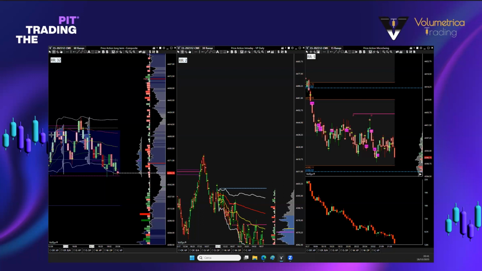Looking at exhaustion, which is another order flow event leading to rejection, so leading to possible reversals of price, but it works on the opposite principle of absorption.